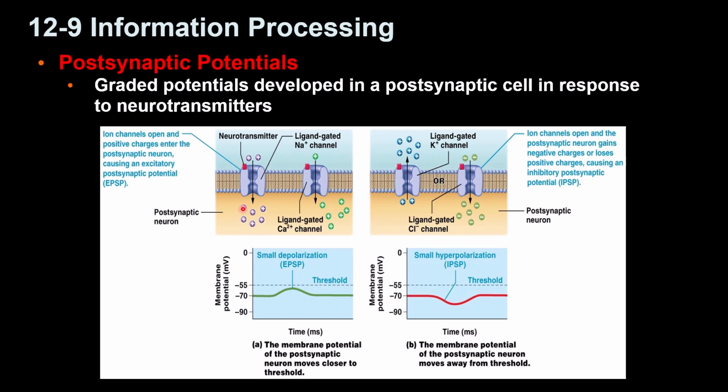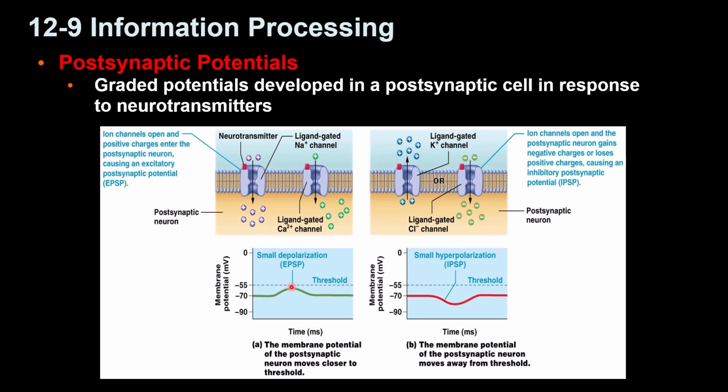This ion can be a sodium or it can be a calcium. So the inside of the cell becomes more positive, which means what? Depolarization, increasing the cell membrane potential, getting it closer to the threshold, getting it closer to zero, or making it more positive.